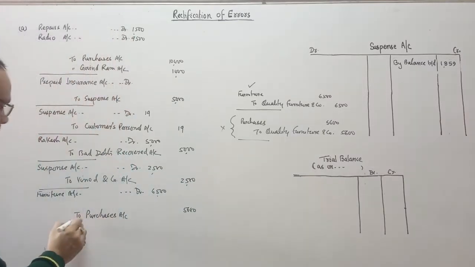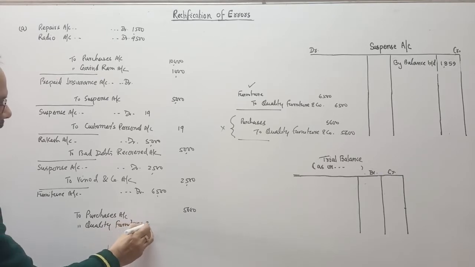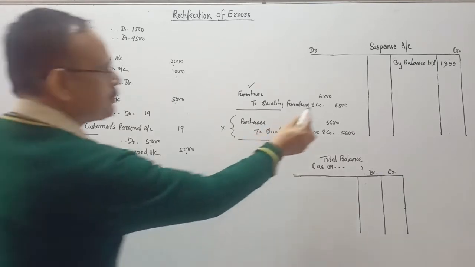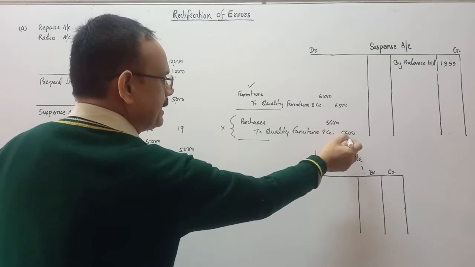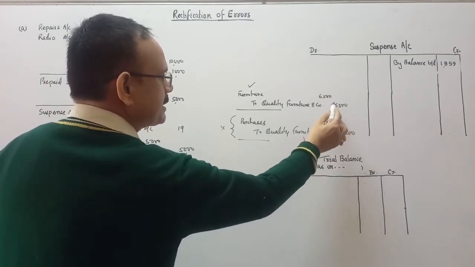So we have to credit the additional amount which is not credited to Quality Furniture and Company. This much is already credited in the wrong entry, and it should be 6500.